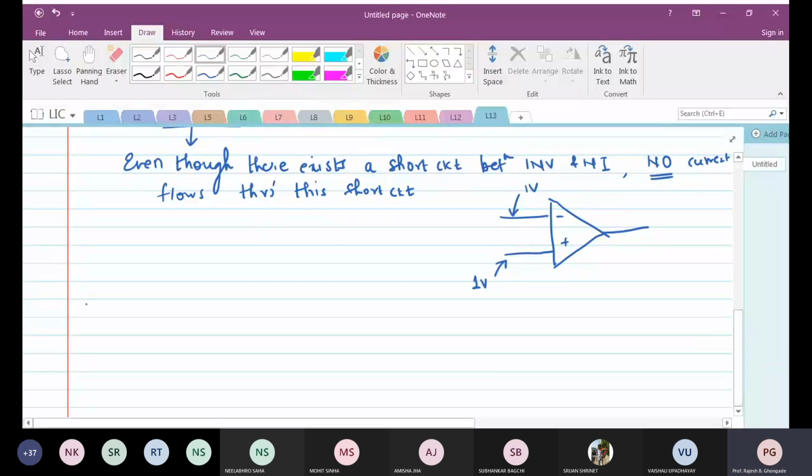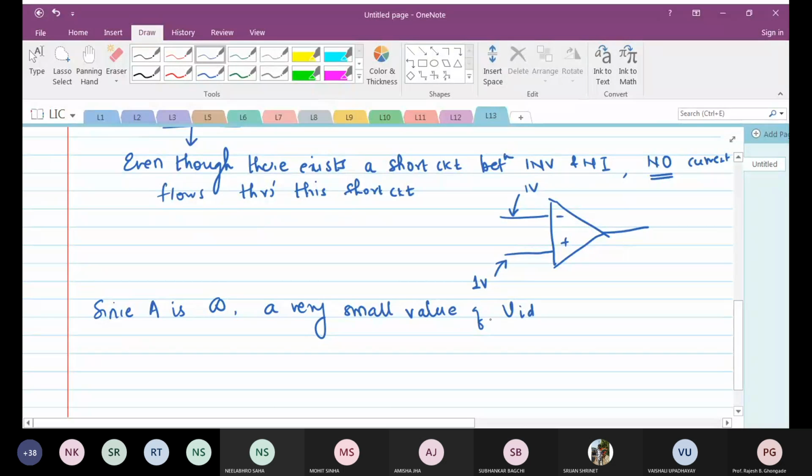It also means that one important observation is that since A, that is the open loop gain, is infinity ideally, a very small value of VID will produce a large output.